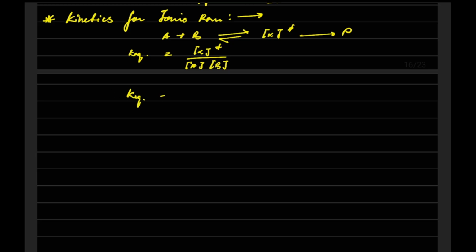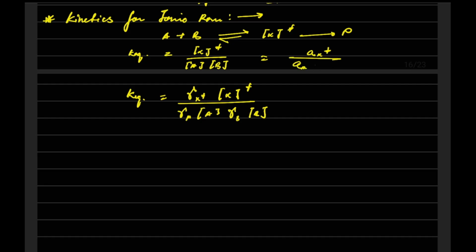Therefore K equilibrium is equal to gamma X into concentration of X divided by gamma A into concentration of A into gamma B into concentration of B. Okay, so this is represented as the activity of X divided by the activity of A into the activity of B. So this is the way it is written for ionic reaction.